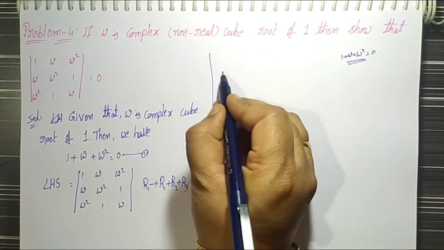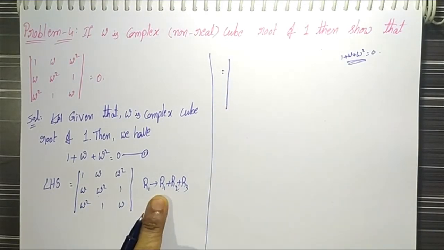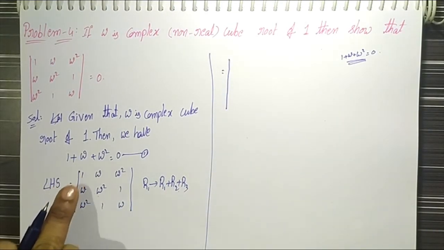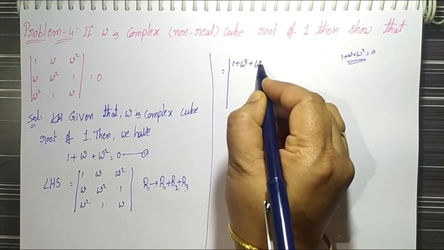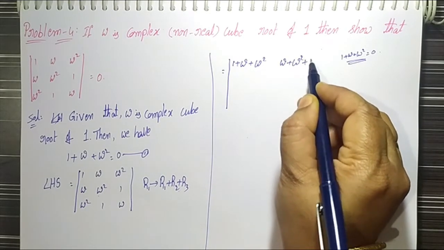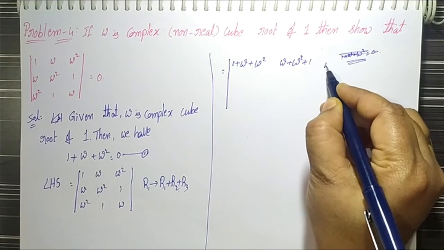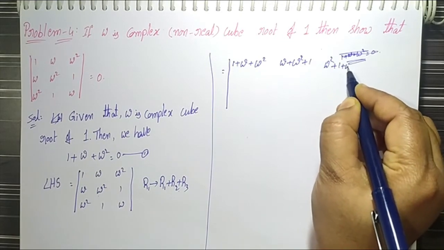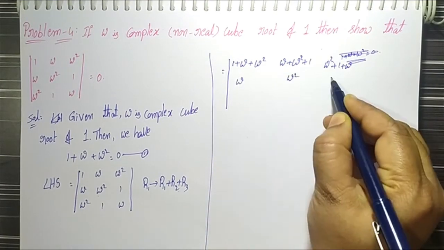Then LHS is equal to the determinant, where R1 becomes R1 plus R2 plus R3, meaning 1 plus omega plus omega square, 1 plus omega plus omega square, and also omega plus omega square plus 1. The third value is omega square plus 1 plus omega. The remaining rows are the same.